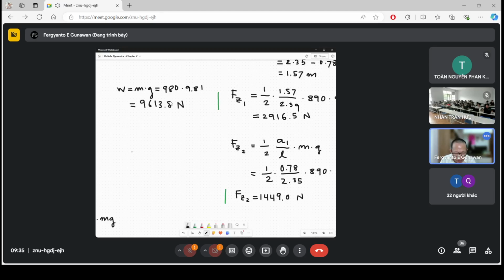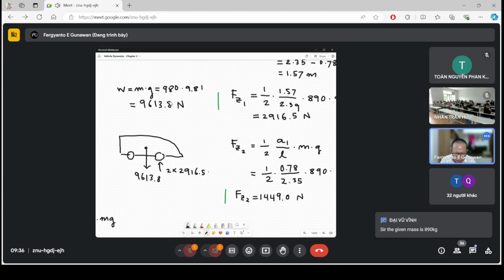Now imagine we have a car here, and the force down here is 9613.8, and from here it is two times this, two times 2166.5.